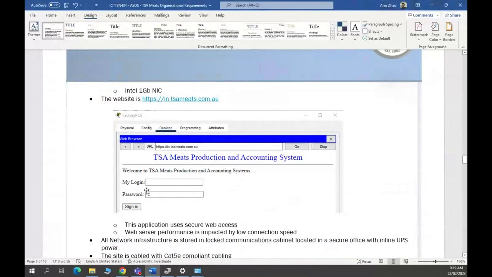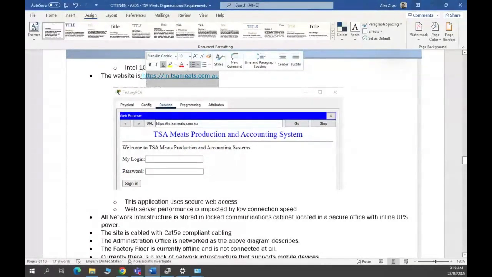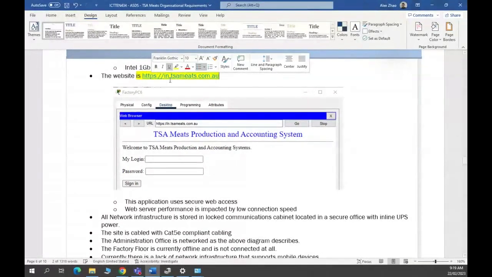Here's an example of the website where they log in and upload the photos. If you notice just this part, I can't highlight that, but it says HTTPS, doesn't it? So what does that mean? Have you heard of something else that's similar but not the same?